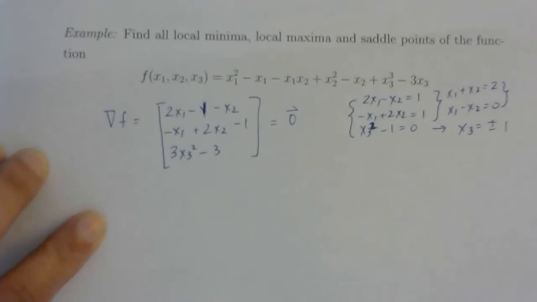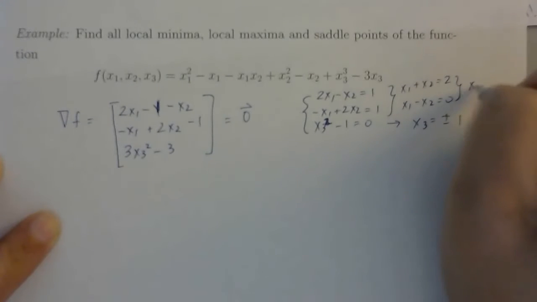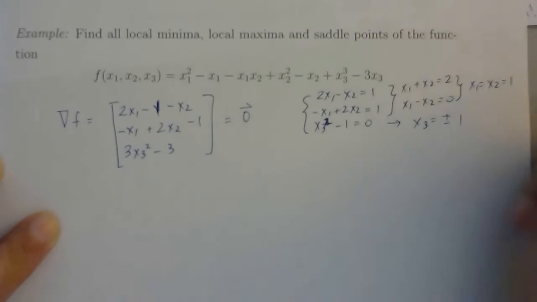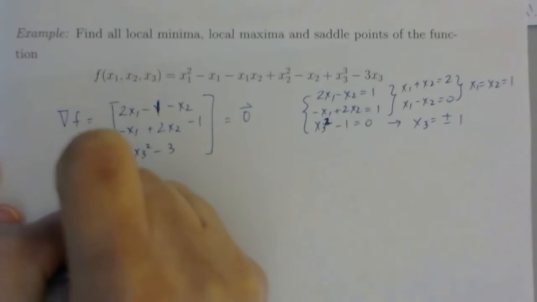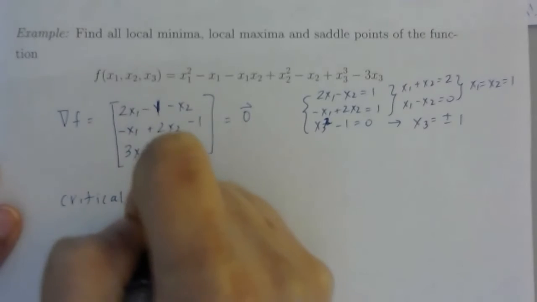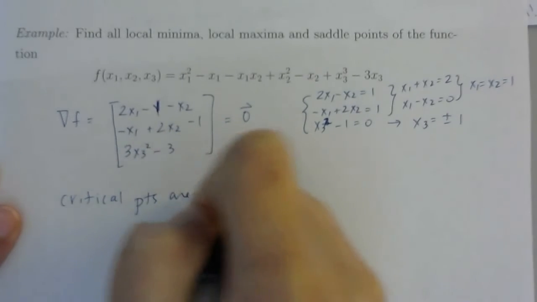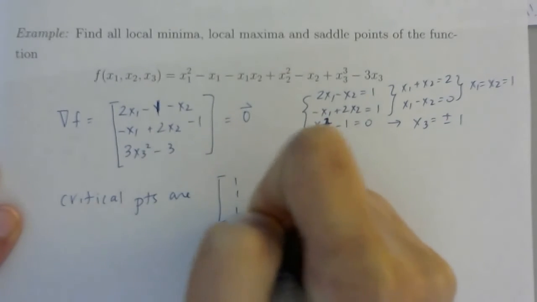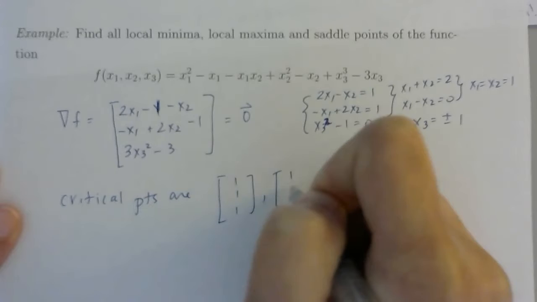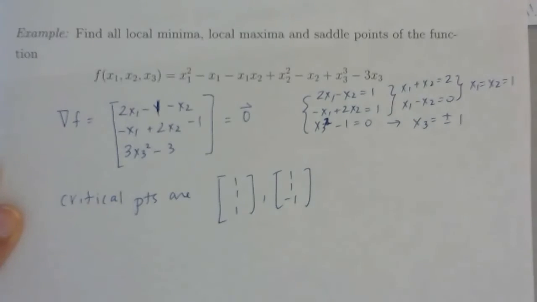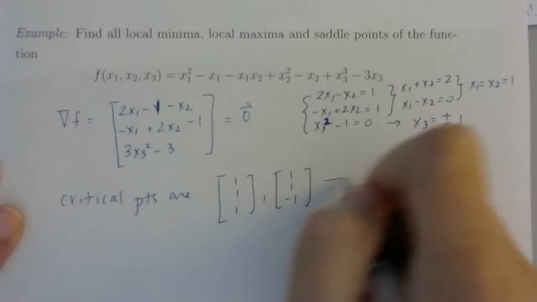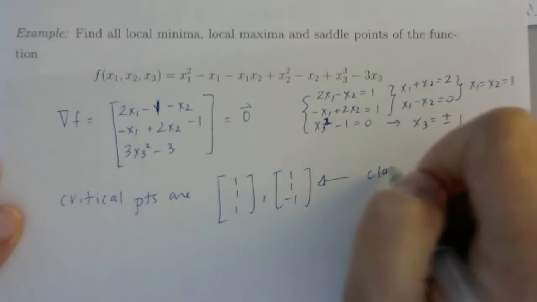So putting those together, that means that x1 and x2 both have to equal 1. So the critical points that I find are (1, 1, 1) and (1, 1, -1).